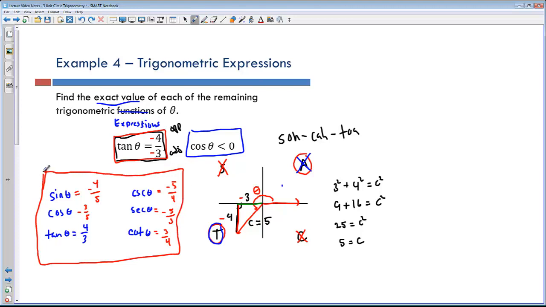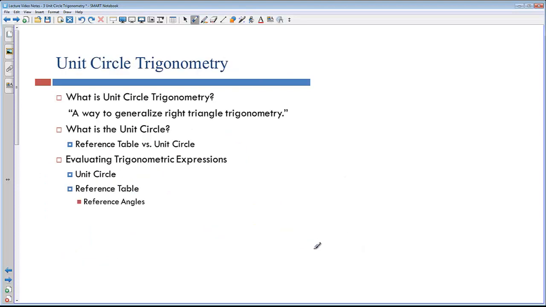All right, so here's what we did today. So let's just review for a moment. So we talked a little bit about what unit circle trigonometry is. It's simply going to generalize our right triangle trigonometry. We discussed what the unit circle is, and we compared these two technologies, the reference table and the unit circle.